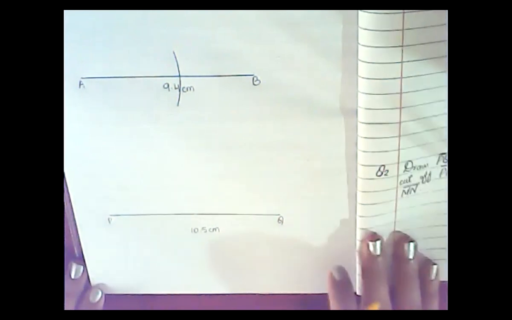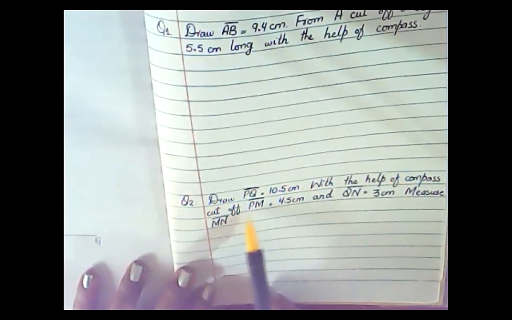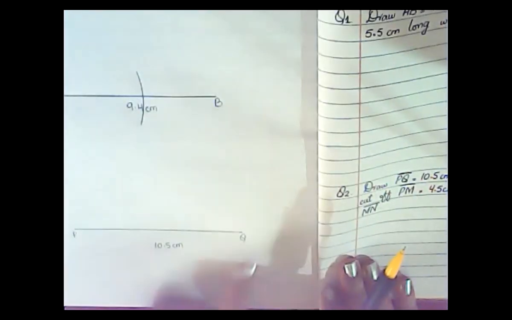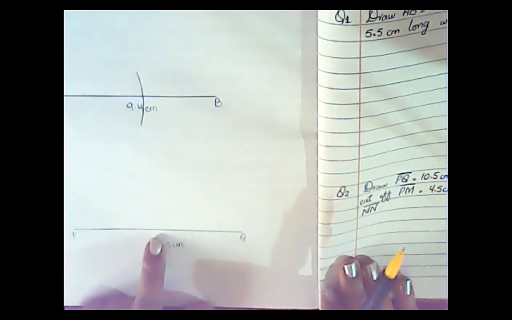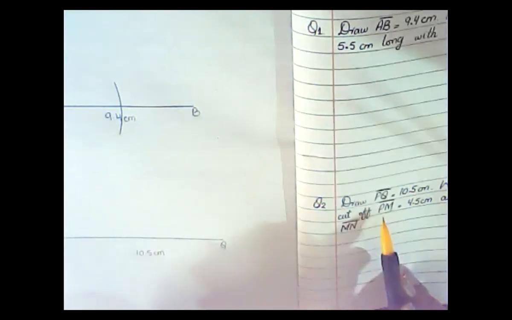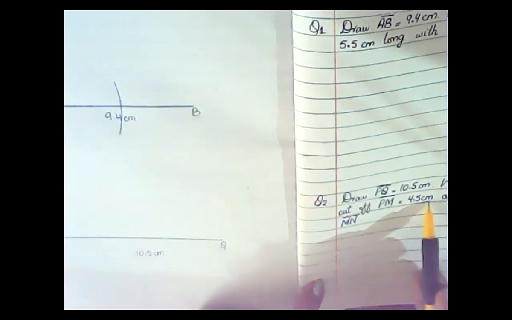Now after that, with the help of a compass, cut off PM. As you can see here, we have points P and Q, and there is no point M on this line segment. So M is the point that you are going to find on this line. You will start from P and cut off a segment of 4.5 centimeter.